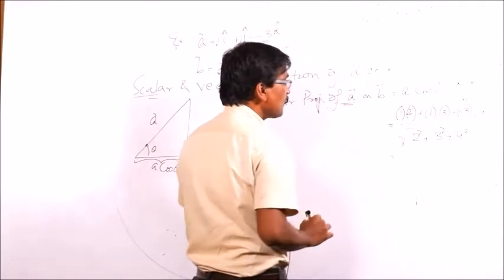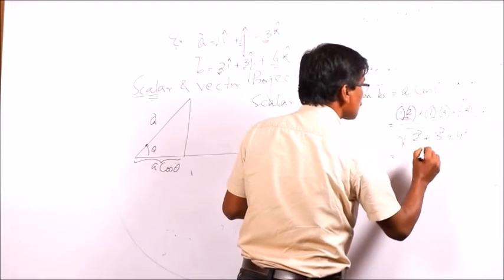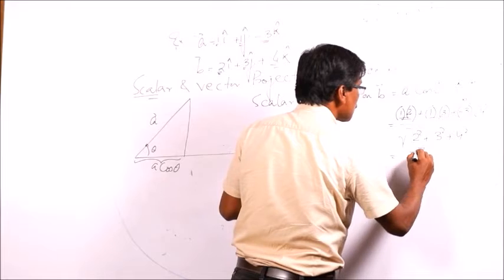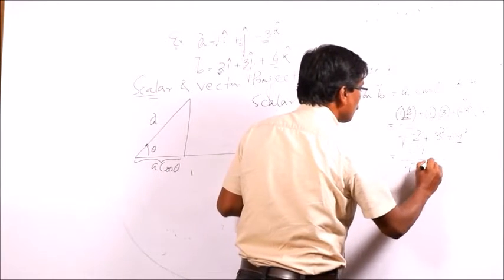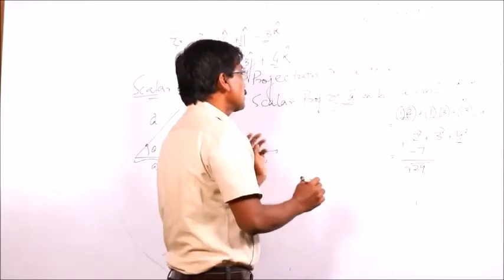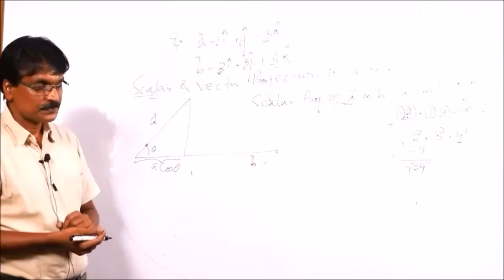On simplification, 3 plus 2 is 5, minus 12, that is minus 7 divided by root over of 29. So, this is the scalar projection of A vector on B vector.